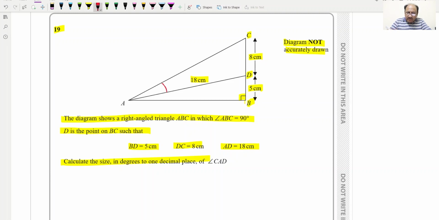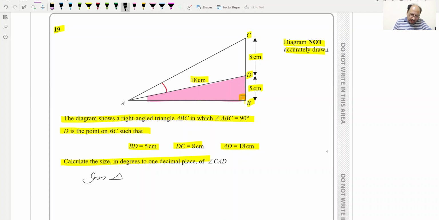CAD is required. In the right angle triangle, 5 and 8 is given, so AB we can find. We first consider this smaller triangle, for which we have most information. We have one side as 5 and the hypotenuse also, so we'll apply Pythagoras theorem.